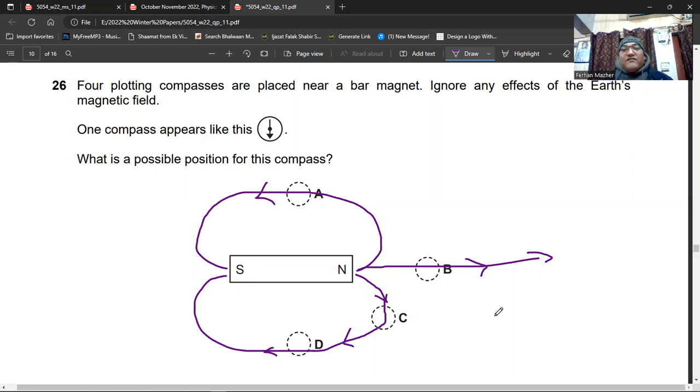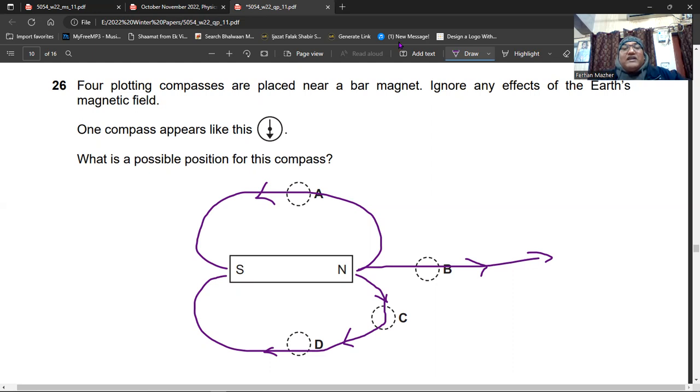They start from the North Pole, come out into the air, and go back into the South Pole. Wherever you put the magnetic compass, the pointer always aligns itself with the magnetic lines, the strongest magnetic field in that area. I want the needle to be like this.